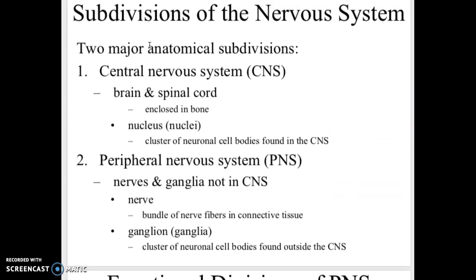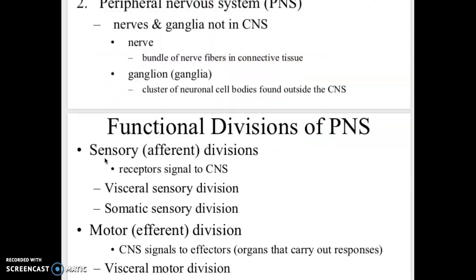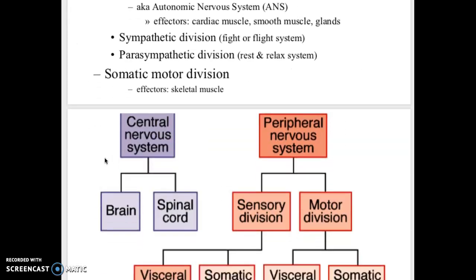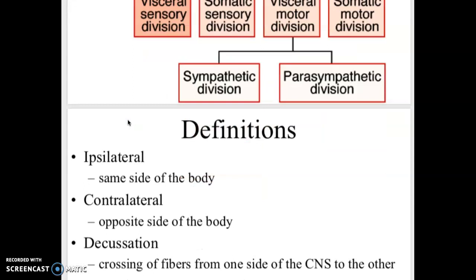If we remember, the nervous system itself is split into central nervous system and peripheral nervous system. Central being brain and spinal cord, peripheral being everything else. These divisions we'll go through when we talk about the PNS. This unit, we're just going to talk about the stuff in purple here.